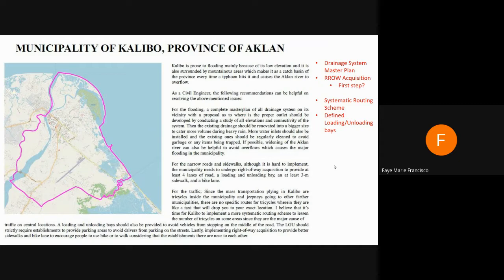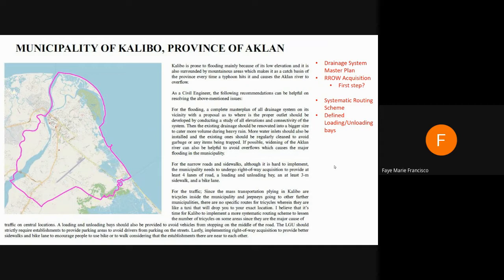And then afterwards, we need to do field surveys to check the proof of ownership of the properties, and of course we need to do social surveys also, to avoid grievances during the implementation, sir.